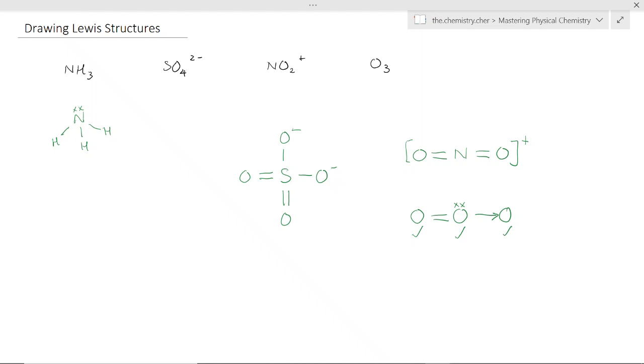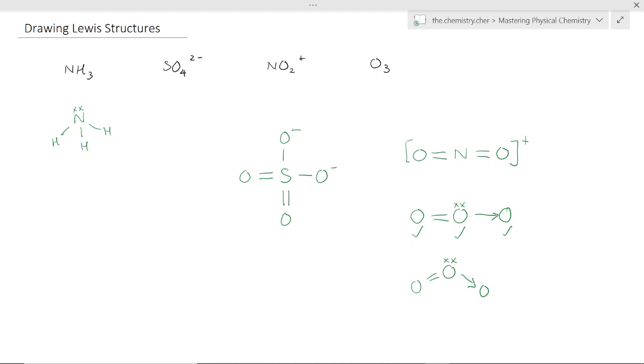However, if you can expand the octet, just leave it as the double bond. And that is how you can draw the structure of ozone. If you want to draw it more accurately, it is of bent shape, so you can draw it like that. And this is how you can draw Lewis structures.